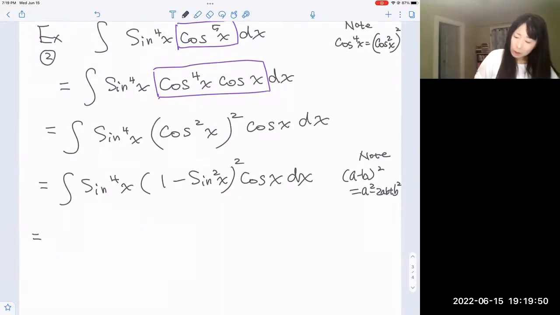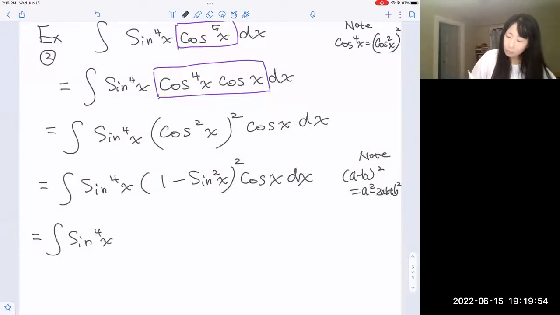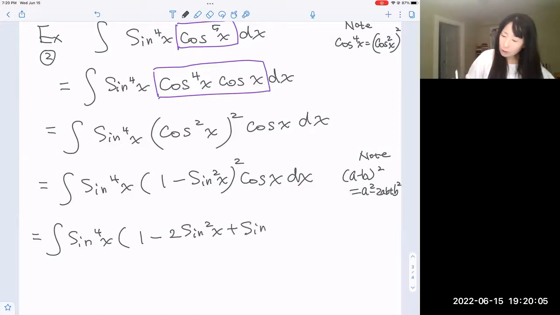So this will be 1 squared minus 2 times a times b, which is 2 sine squared x, plus sine to the fourth power, and cosine x dx.